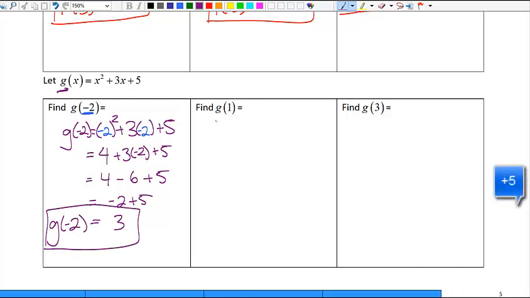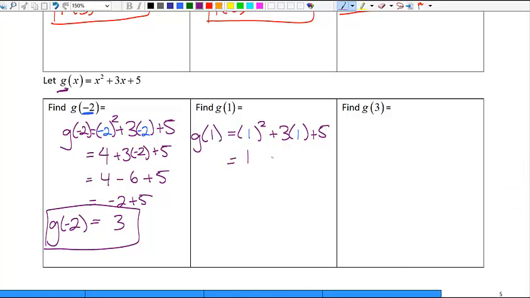On the next problem, I'm given g of 1. So every time I see an x in the function x squared plus 3x plus 5, I'm going to use an open parentheses so that I can come back and replace all those x's with 1's. So g of 1 is equal to 1 squared plus 3 times 1 plus 5. Now I have to carefully evaluate.